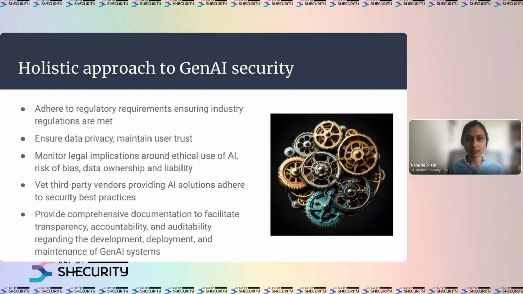You have vendor security, which you work with when you need to vet third-party vendors that provide AI solutions. You want to make sure they're adhering to security best practices and have the right certifications. You also want to provide comprehensive documentation to facilitate transparency, accountability, and auditability with respect to these Gen AI system deployments.